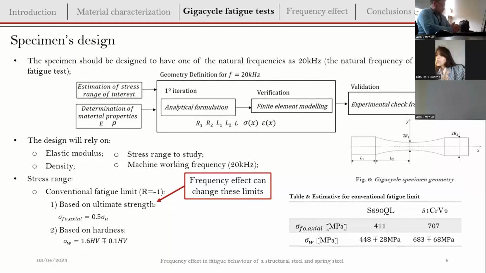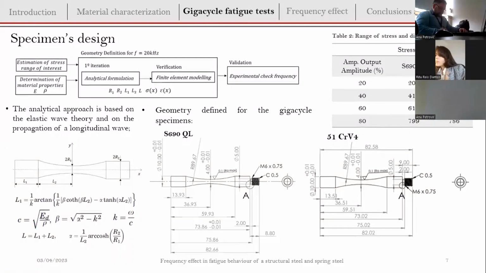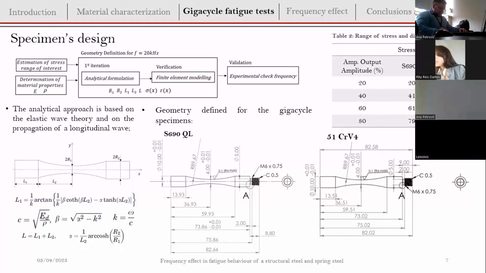And in order to that, we need to calculate with considerable accuracy the elastic models of our materials and also the density. Therefore, we follow with analytical procedure that is already well described in the literature that you can see here on the left side, and after that we performed also a finite element modeling to verify the geometry that we defined for the structural steel and for the spring steel.